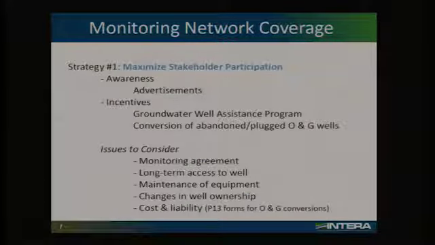If not out of the goodness of their hearts, you can also offer incentives. It's not the GCD's role to provide money for monitoring, to pay for monitoring wells, but you can have other indirect incentives. One would be, Post Oak is implementing a groundwater well assistance program for people whose wells might be affected by dropping water levels across the GCD.